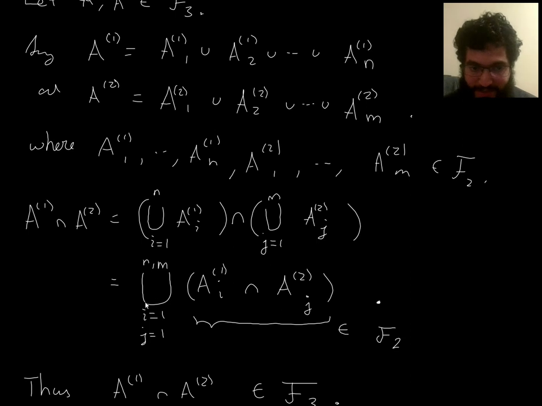Here I took the union of each possible intersection where I take something from here and something from here. So each item in this big union is an intersection where I took one of the things from this union and one of the things from this union. So there were n times m possibilities.